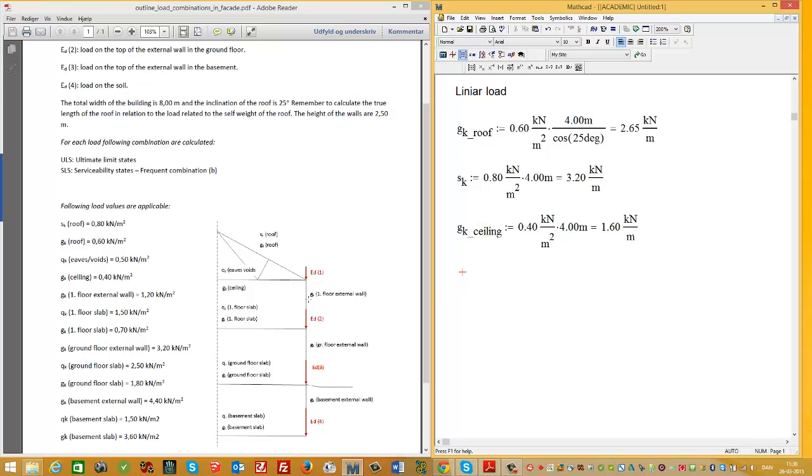The last example, that is if you had the wall, I can take the wall here on the first floor, self weight from the wall, GK, and then I could state it first floor, and it says here the self weight first floor external wall is 1.20 kilonewton per square meter, and here I need to multiply it with the wall height to find the linear load, and the wall height is 2.5 meters.